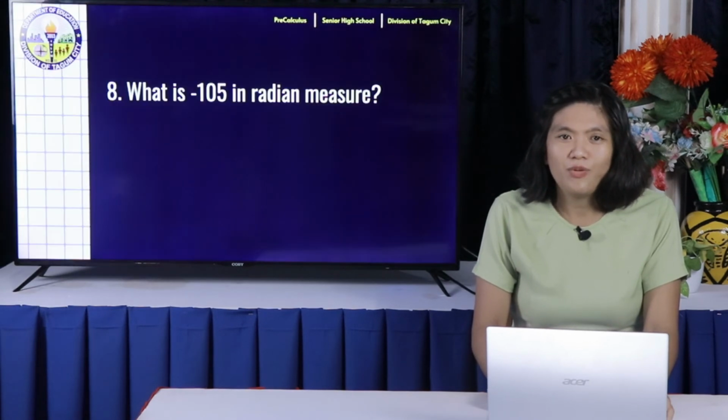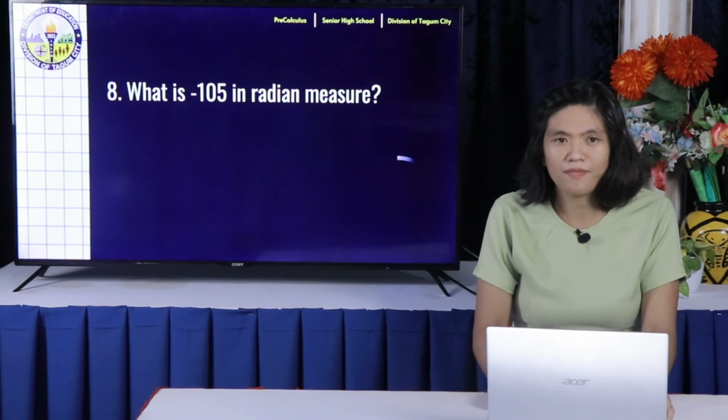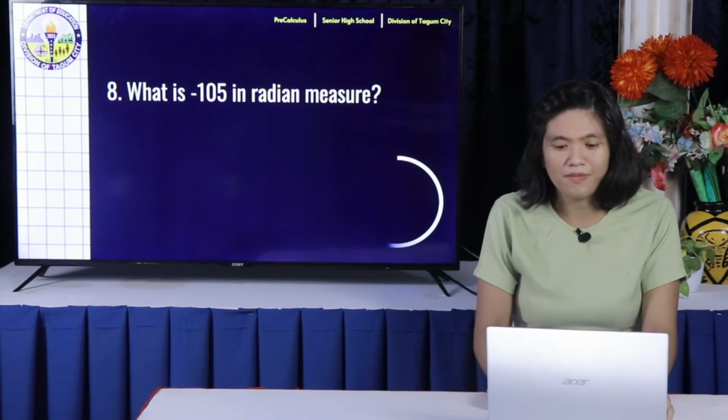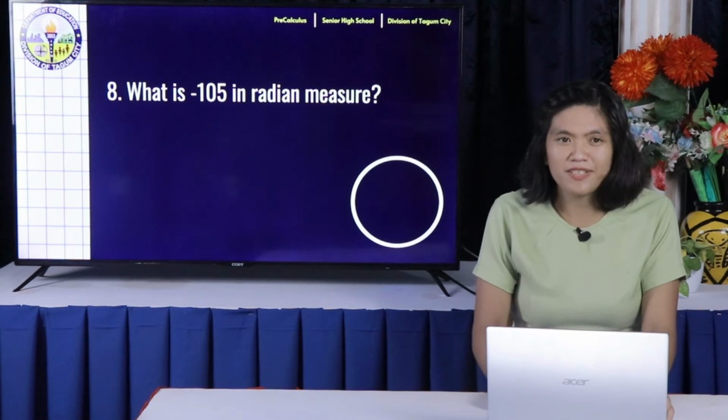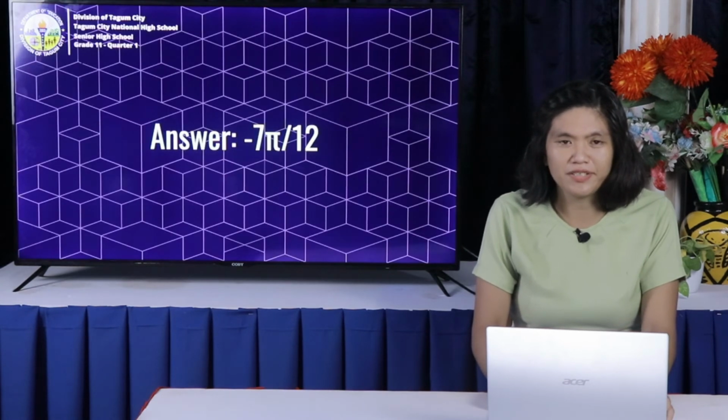Number 8. What is negative 105 in radian measure? Time is up. The correct answer is negative 7 pi over 12 radians.